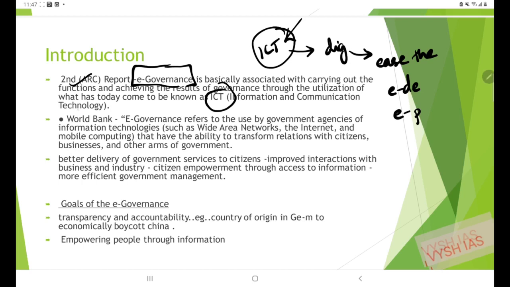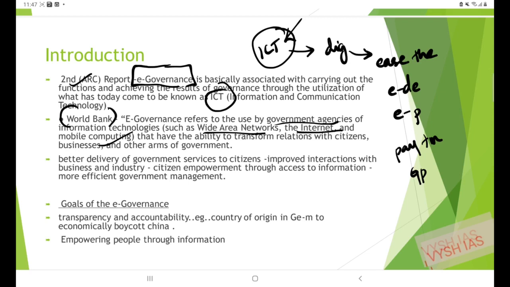The next definition is by the World Bank. It defines e-governance as the use by government agencies of technologies like wide area networks, the internet and mobile computing, such as Paytm and Google Pay. You can also pay utility bills using mobile computing.